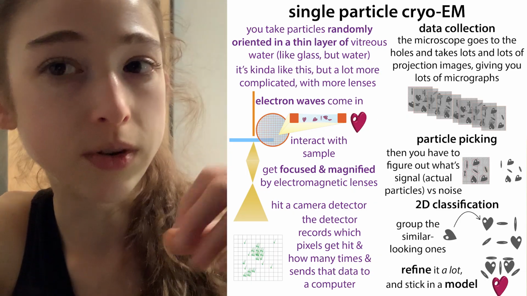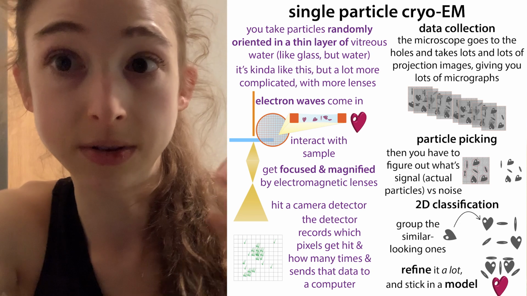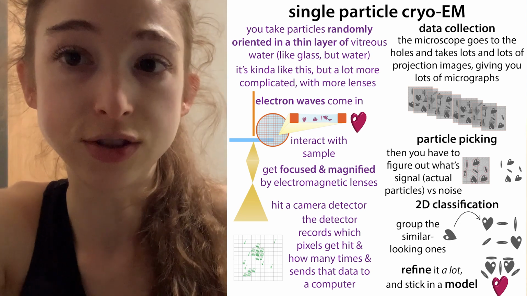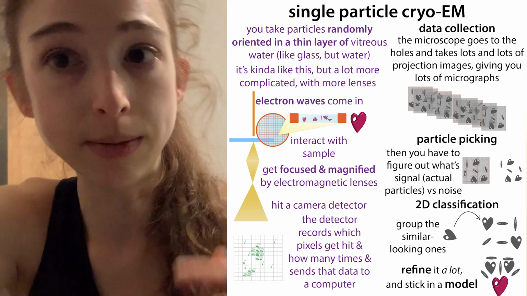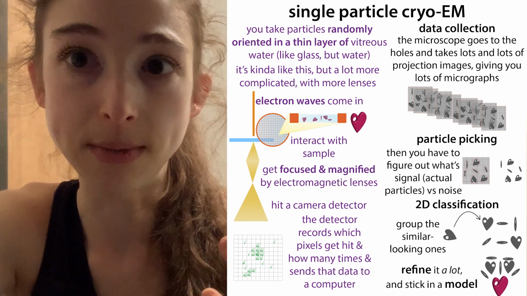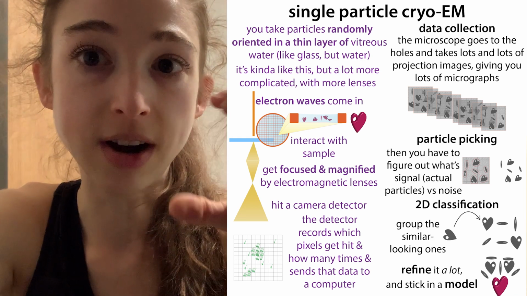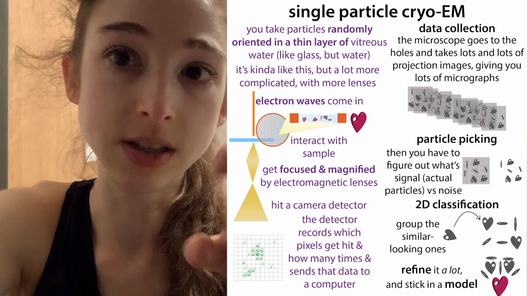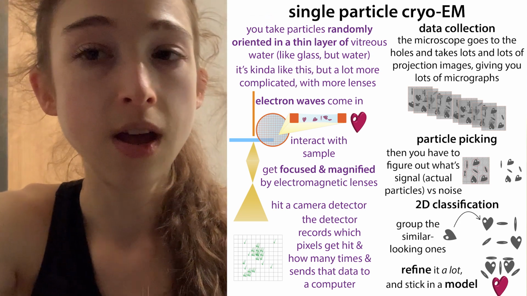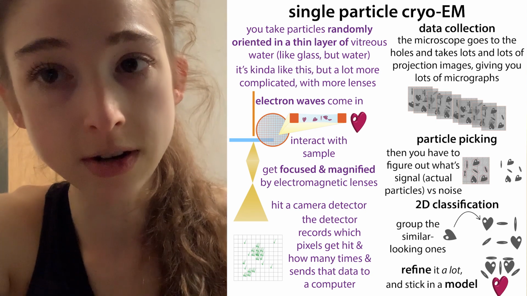The electrons are going to interact with the electrons and with the protons in the nucleus, and you're going to get the signal detected, and you will be able to build from that. You're going to get your Coulomb potential map. And you're also going to try to figure out which of these are actually particles, what's just crud, which of these look similar, and can we then average the ones that look similar.